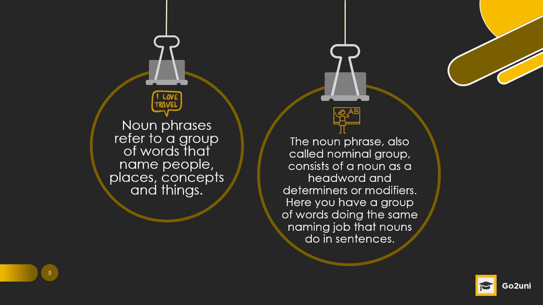So when you talk about modifiers, you are talking about those determiners that are used with nouns. They can either be placed before the noun or after the noun. When they are placed before the noun, we have what are called pre-modifiers, and when they are placed after the noun, you have what are called post-modifiers.